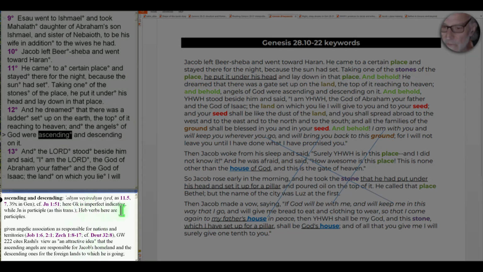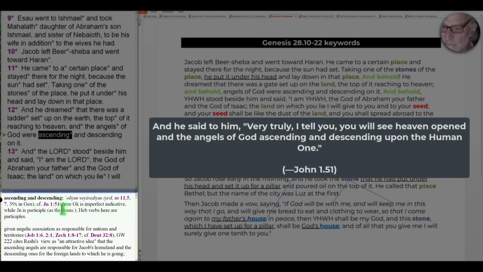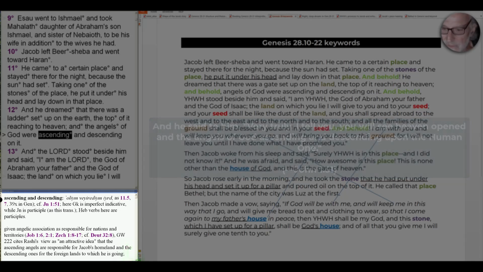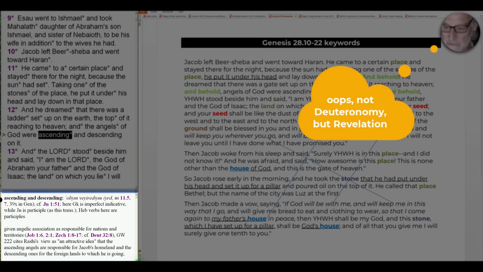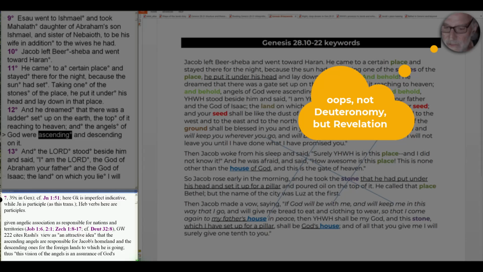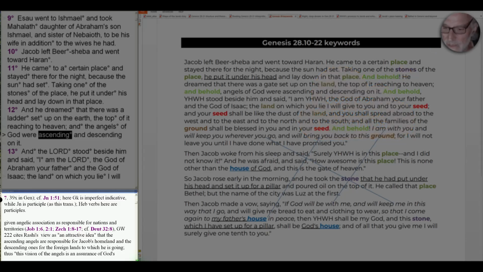Only here the Greek is a perfect indicative, although we hear the echo in John 1:51 where it's a participle. Given angelic associations, an angel is responsible for nations and territories, which certainly comes out in Deuteronomy, and John of Patmos is called to address his message to the angels of the ecclesiae.